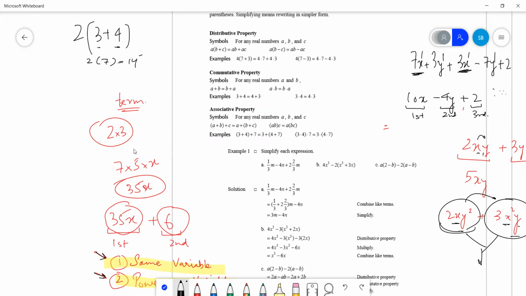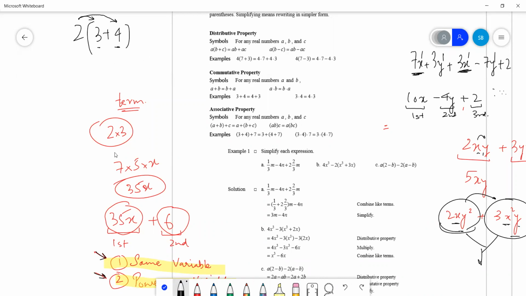Right. But with numbers and variables, in mathematics, we have the distributive property. We can distribute this 2 with this 3 and with this 4. We can multiply this 2 with 3 and 4.